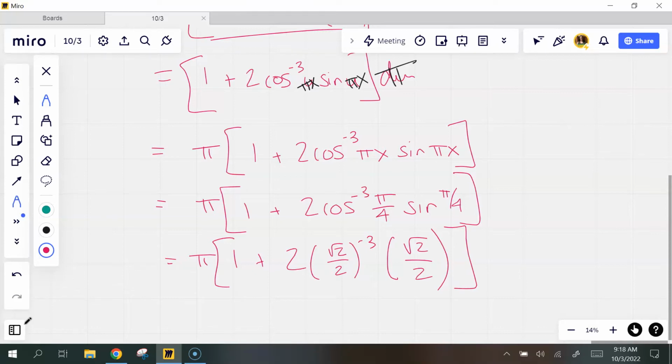So you always look for the angle, whatever is inside, look to the sine or the cosine. That's your angle. It'll either be in degrees or radians. And so these are your radian values.